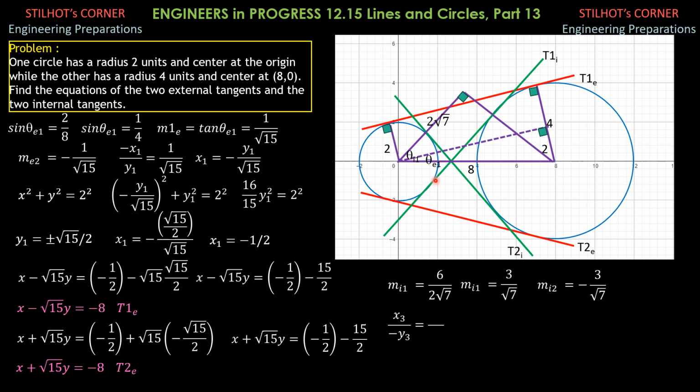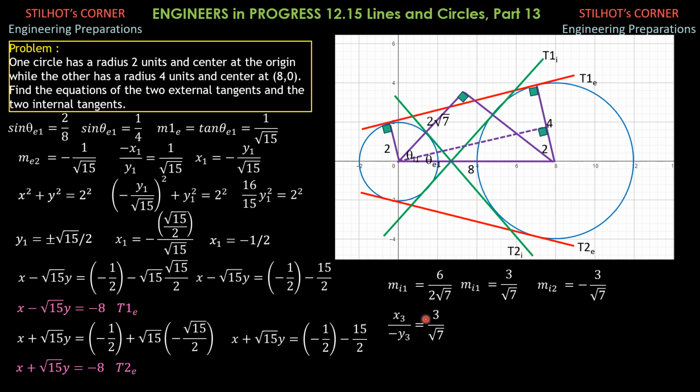So let's find the point of tangency. I'll call this point of tangency x3, y3, to differentiate it from the points of tangency x1, y1, and x2, y2 previously. So I'll call this x3, y3, and this one x4, y4. But we use the same concept.